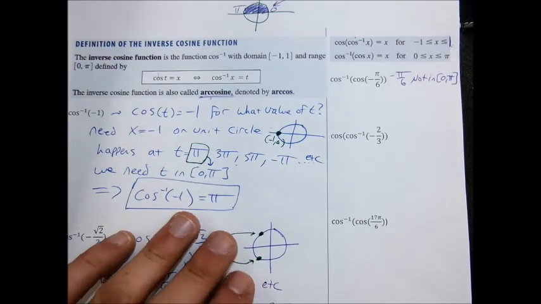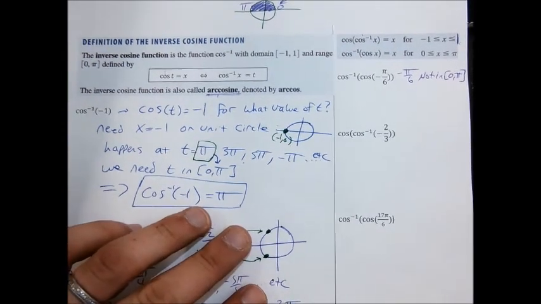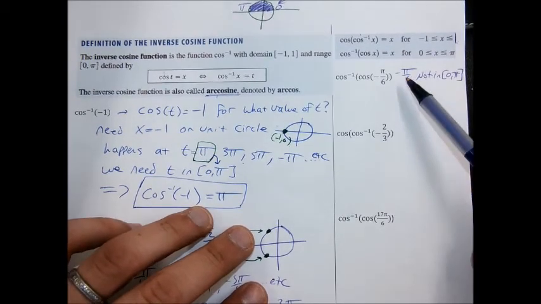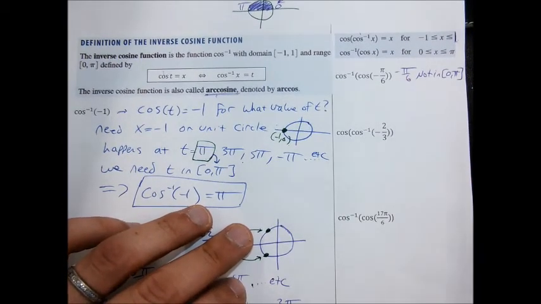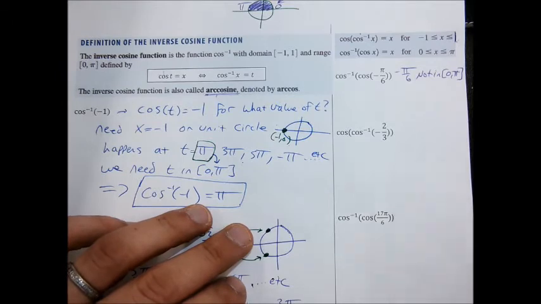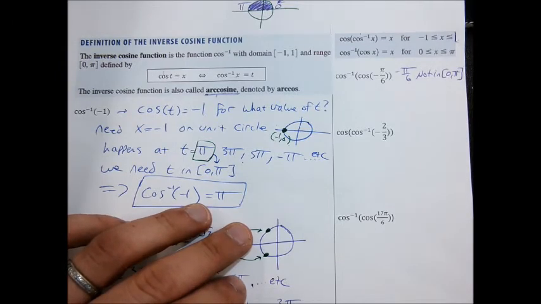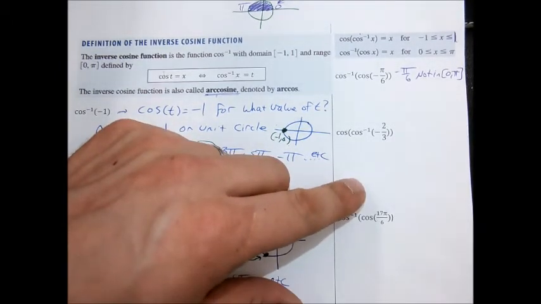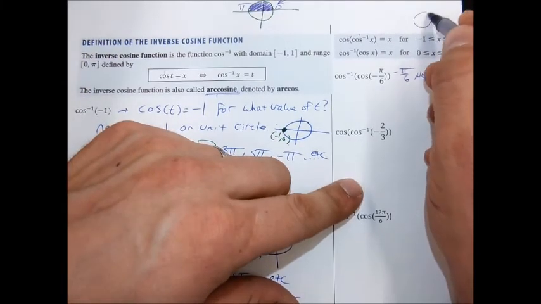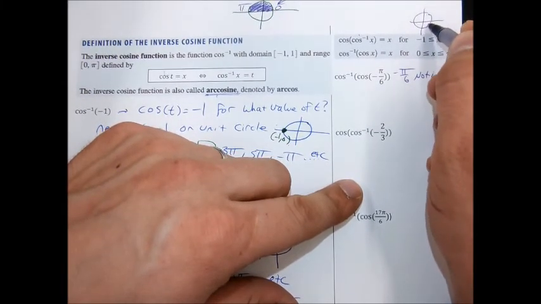And so the way you do these problems is we think about what we can relate minus pi over 6 to that has the same x value and is in the correct interval. So minus pi over 6 is like right here.